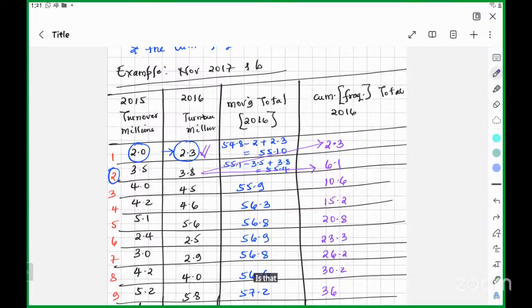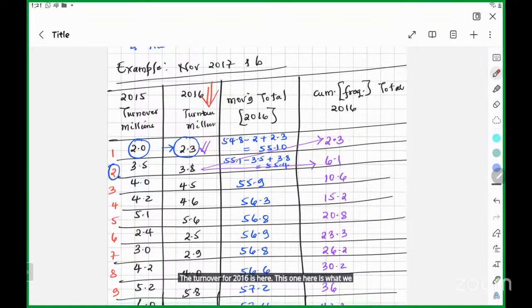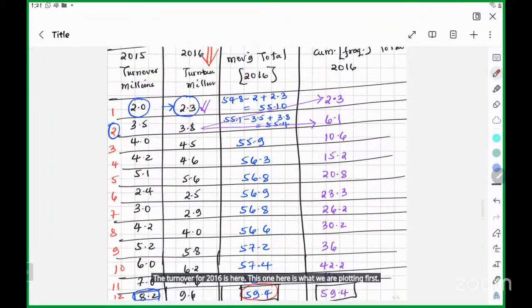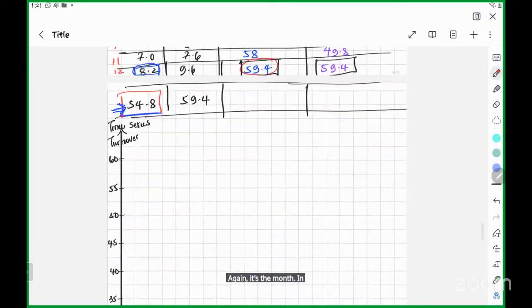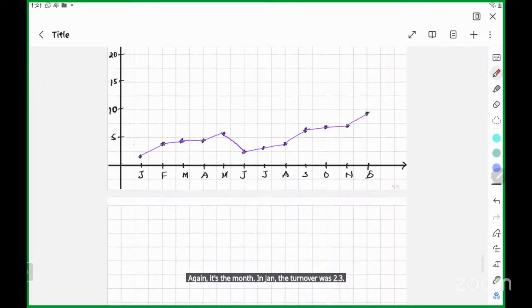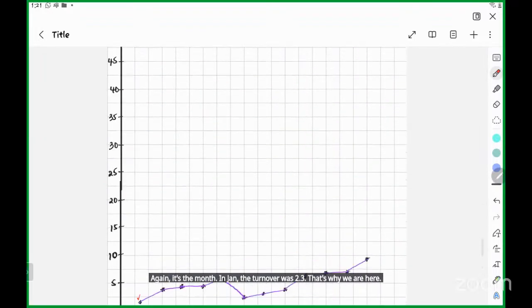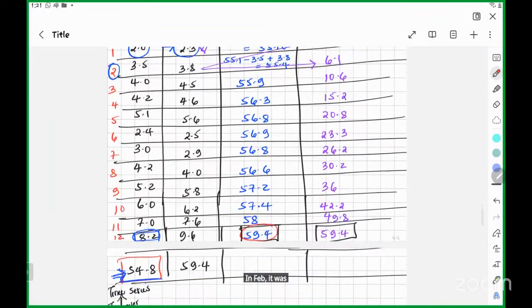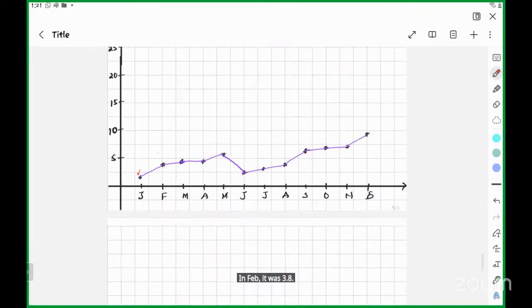The turnover for 2016 is here. This one here is what we are plotting first against the month. In Jan, the turnover was 2.3. That's why we are here. In Feb, it was 3.8. That's why we are here. Is it okay now? Okay, yes.